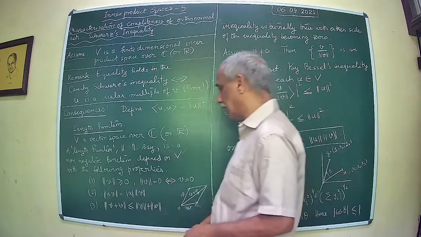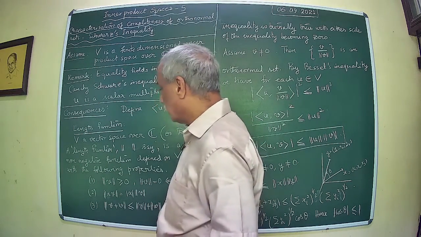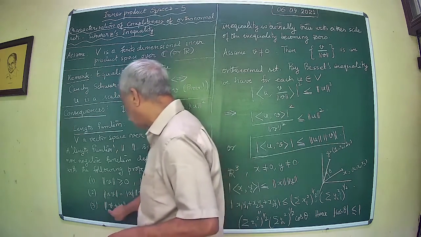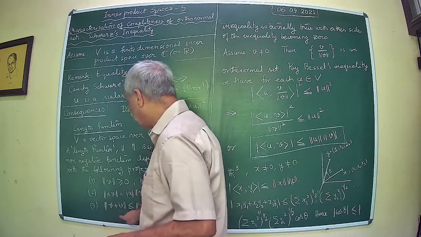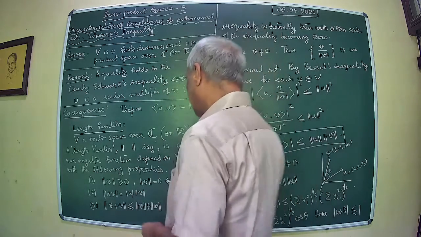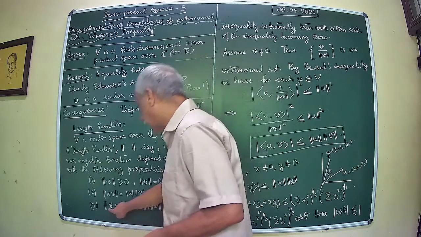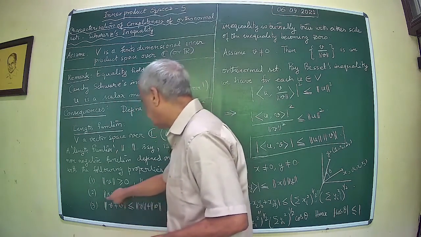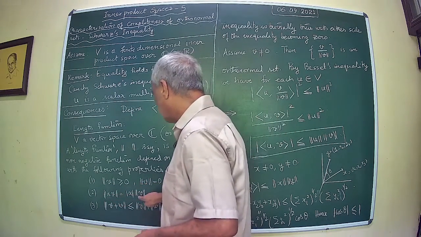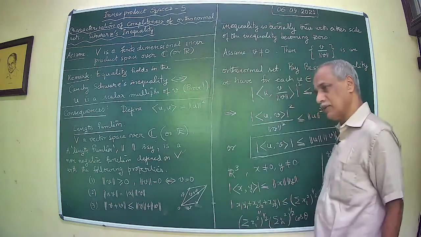So property 3 that you see, which you call the triangular inequality, is a statement on how the length function of V plus W is less than or equal to the length of V plus the length of W. So on sum how it works, then on scalar multiplication how it works, and how it is related to the value of the function for V.